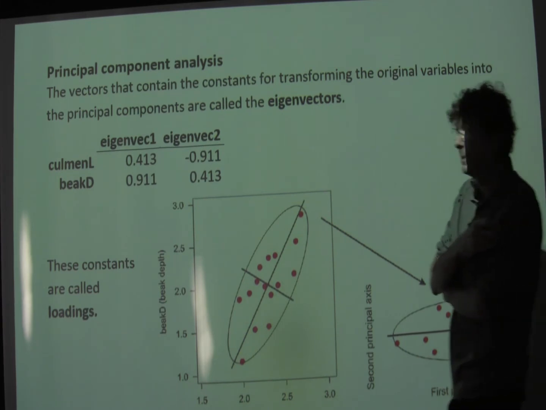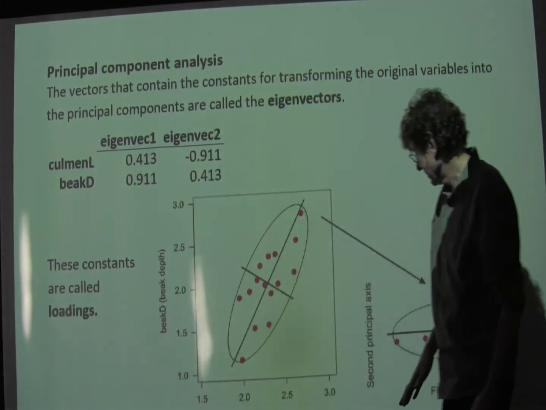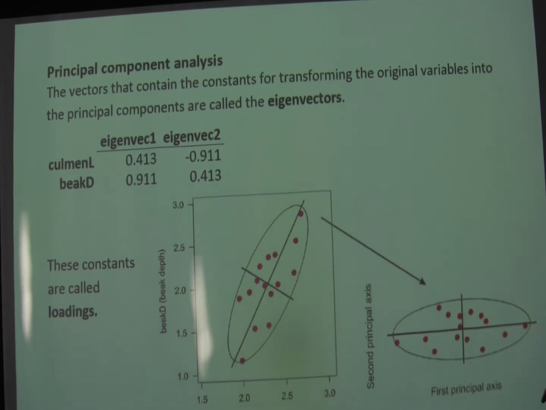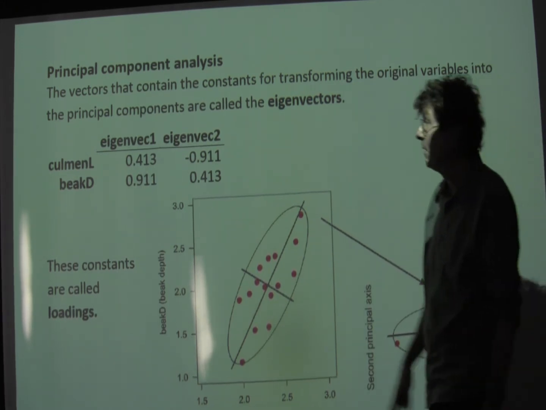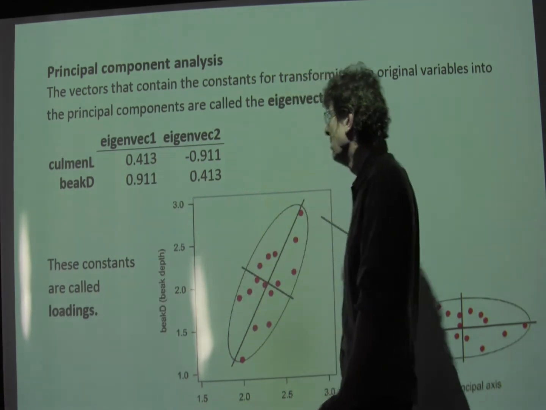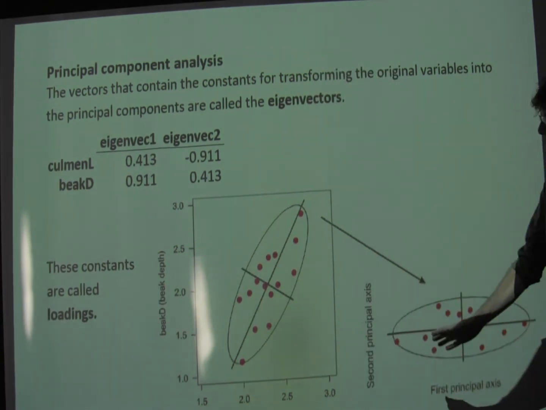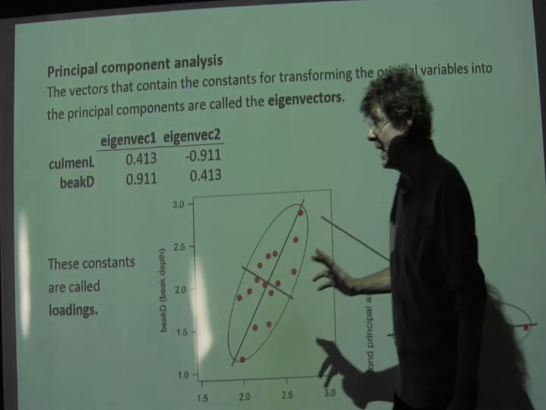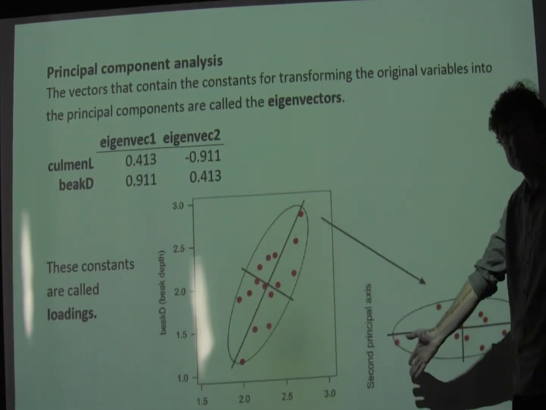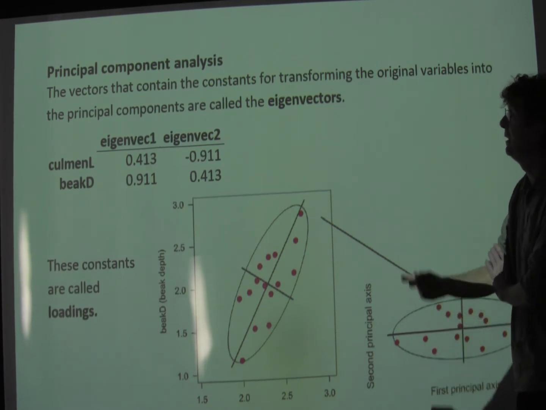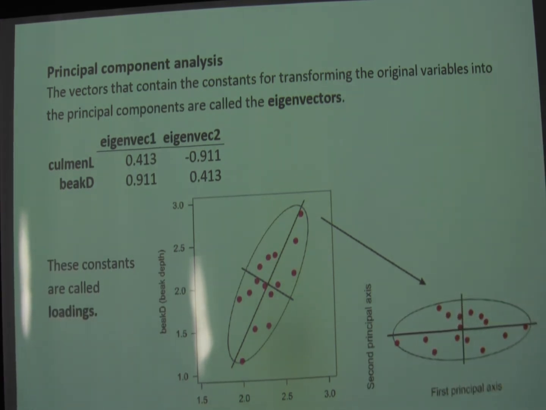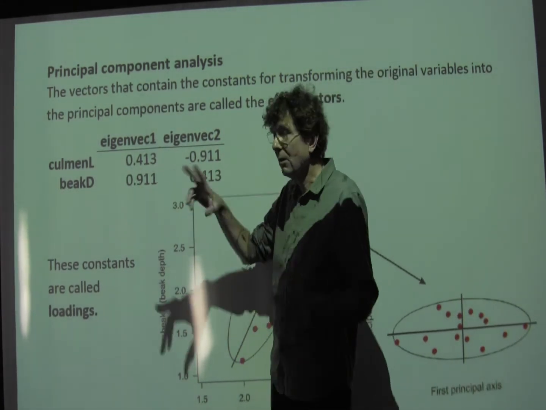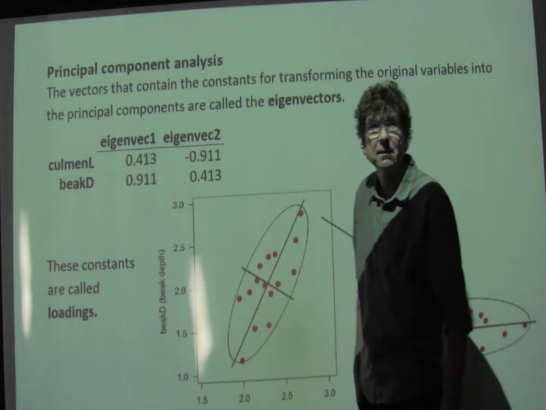These numbers also allow you to provide an interpretation for these axes. I look at this number and I go, oh, this axis is separating those species that have long and deep beaks from those species that have short and narrow beaks. I can say that because both of these dimensions load positively onto PC1.